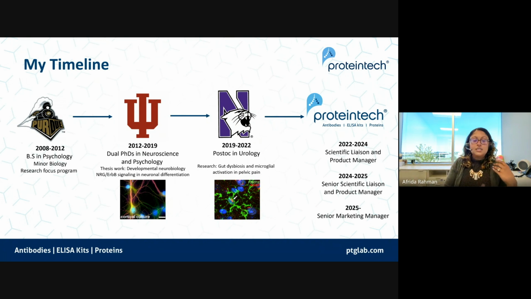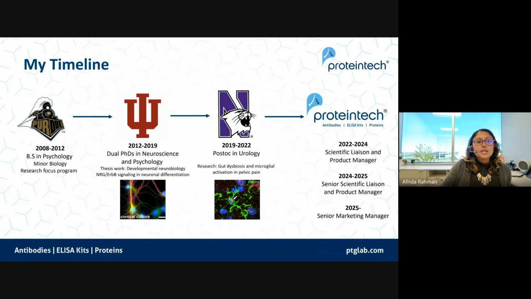So I ended up going to Indiana University afterwards. There I focused more on molecular sciences. So when I was working in undergrad, I was in a clinical and cognitive lab, and then I switched gears and decided that I wanted to get more nitty gritty and do some more neurobiology work.